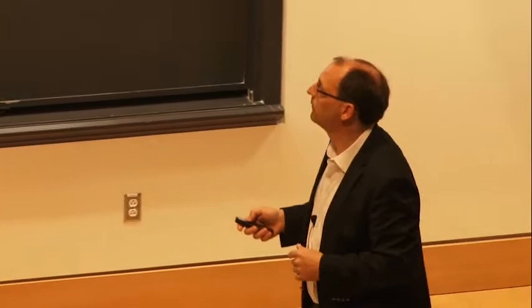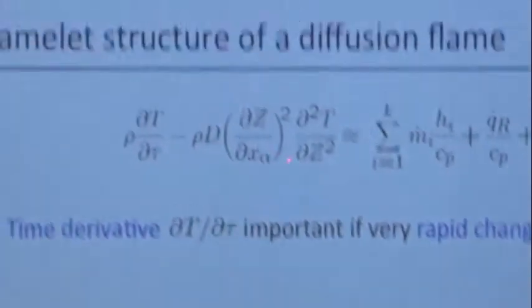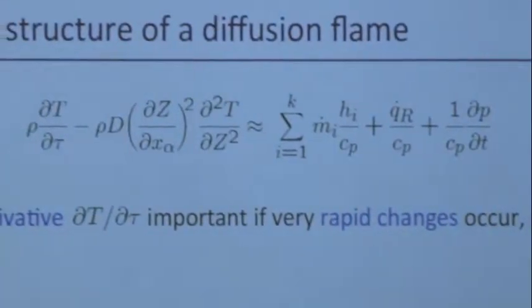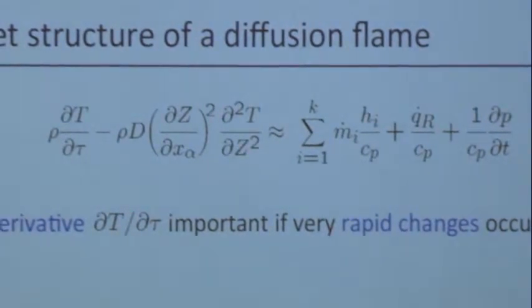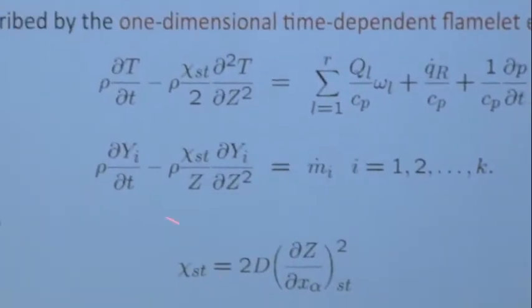So this parameter, dissipation rate, brings back the information that one profile was very strained and the heat losses were very strong and the other one was not. So this really represents the effect of the flow field on the flame structure. Okay, so that's the dissipation rate.